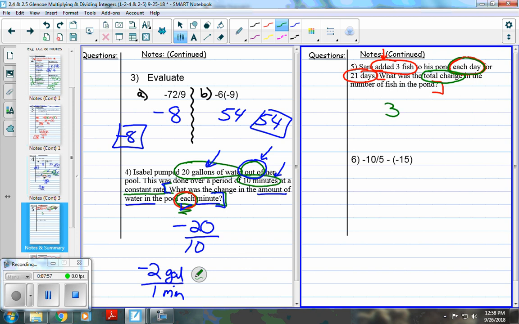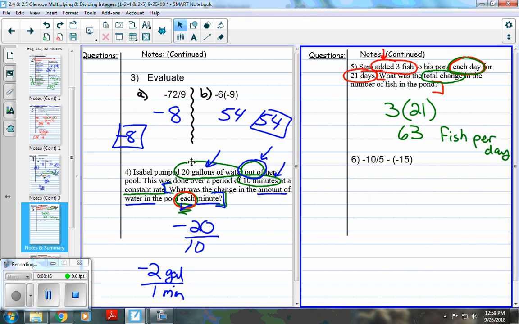Remember, the added in this case is a positive number. And we did this over 21 days. So 3 fish over 21 days, we have 63 fish per day. Actually, that's not fish per day, that's the total fish. See, even I can make some mistakes.